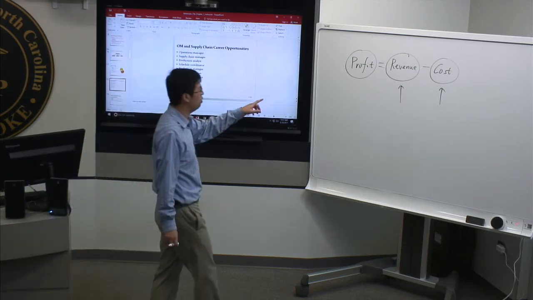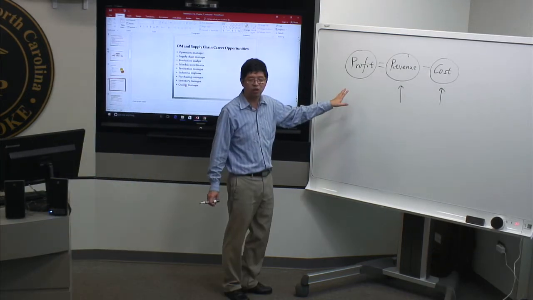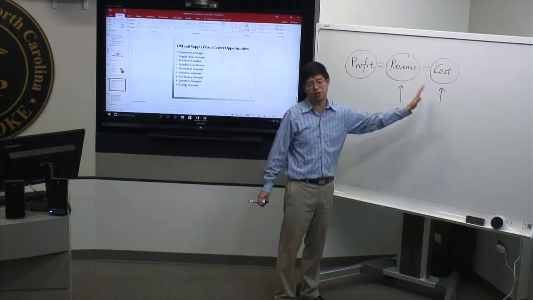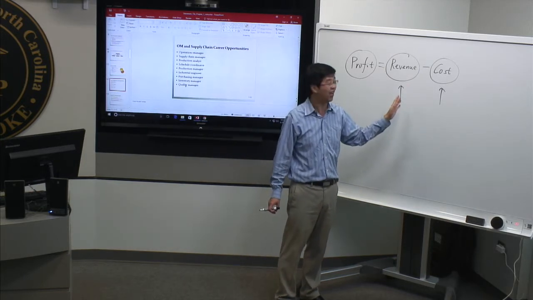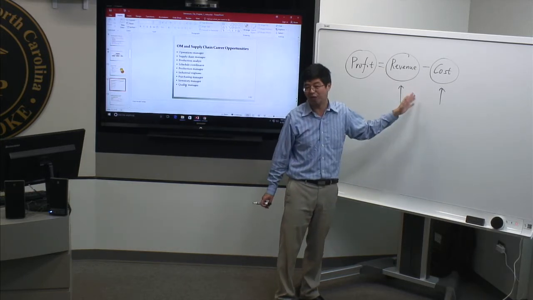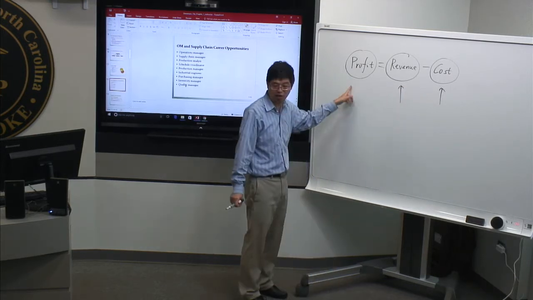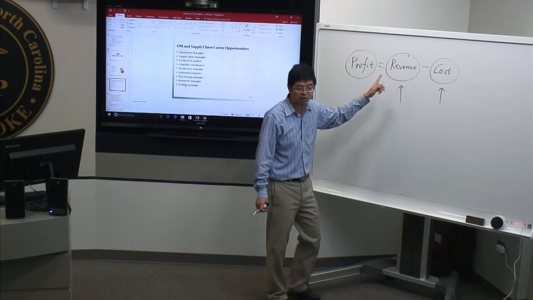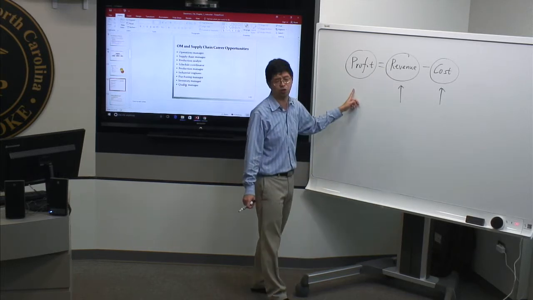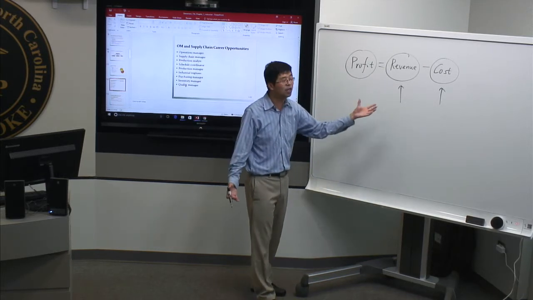But if we focus on just profits, these are equally important. You can't say revenue is more important than cost, right? It's the same. You save $10 here, that means you get $10 in profit. You increase $10 in revenue, you get an additional $10 in profit. So they are equivalent.